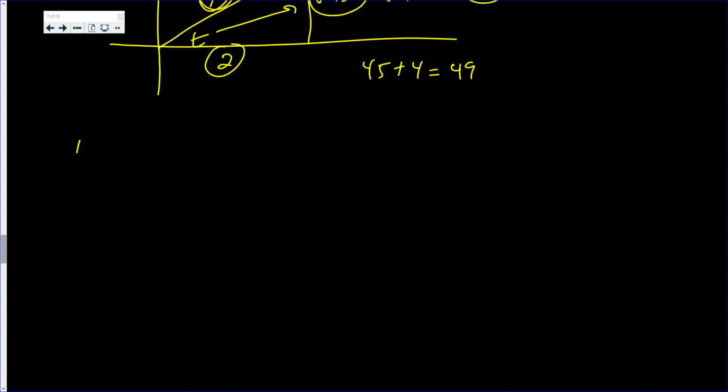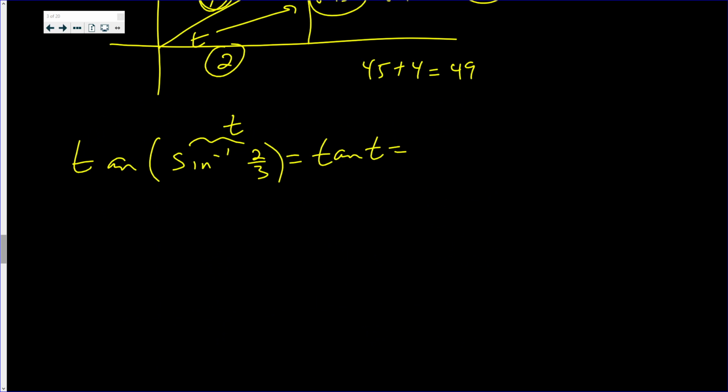What if you were asked to find the tangent of the sine inverse of 2/3? Well, this is an angle, and we want to know what the tangent of the angle is.